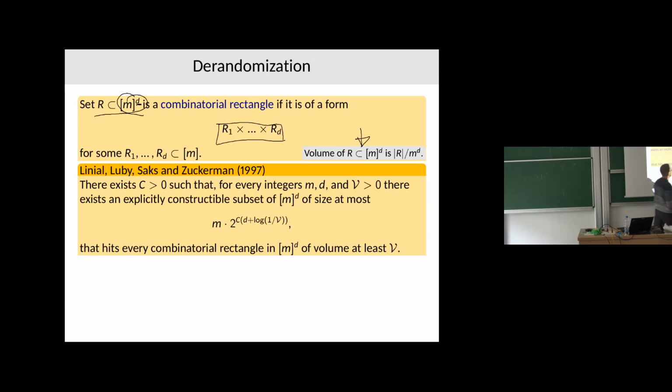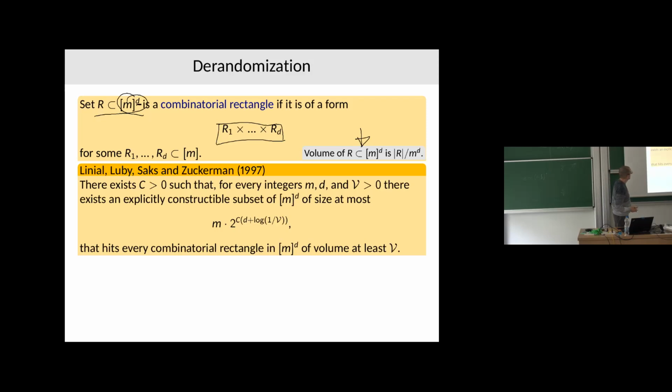So the whole space has volume 1, and other rectangles have appropriate volumes. And again, the same argument can be used to show that if we want a hitting set for every set of rectangles of sufficiently large volume, then we can use random construction and we will get some quite small hitting sets. Yes, but they were interested in a constructive approach, and they proved something like this.